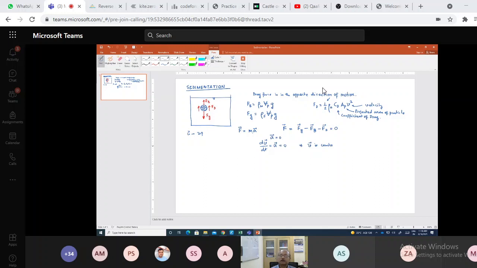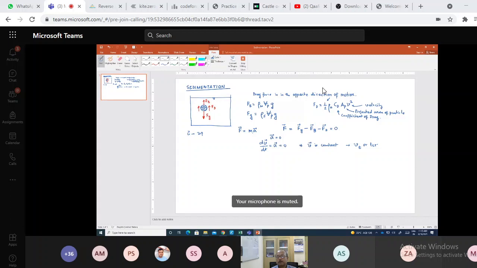V becomes constant. Ideally the particle accelerates for a very short duration, until the forces come into equilibrium, with the force of drag playing a very important role. So V becomes a constant, and this is known as Vt, or terminal velocity.